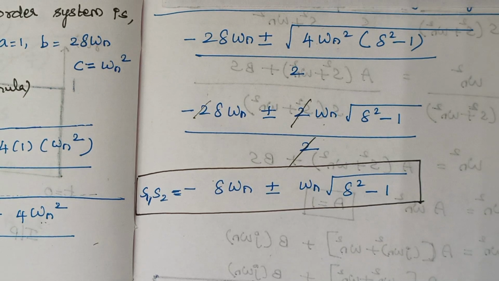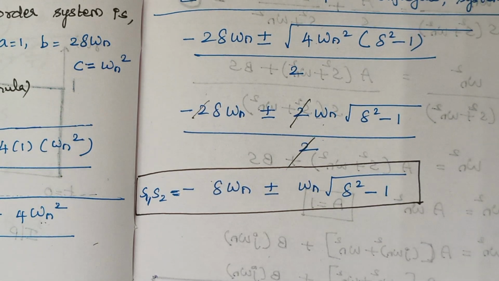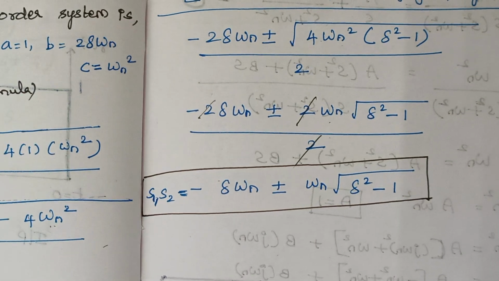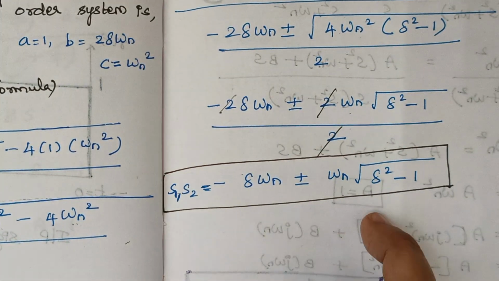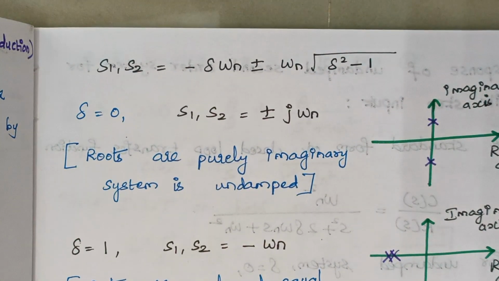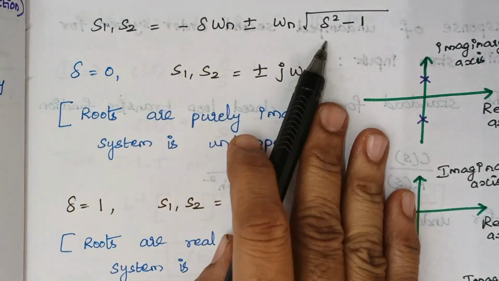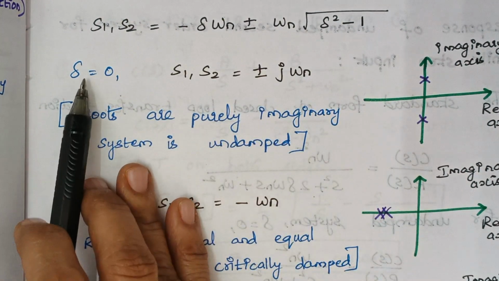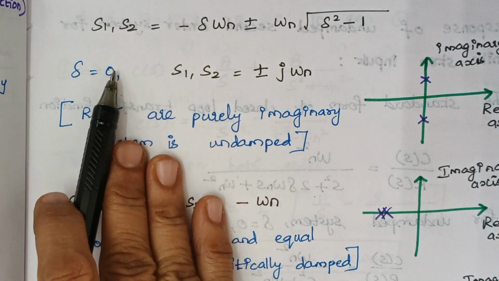And the next thing is we are going to classify. I'm going to explain for the 4 types of system how the values will be. Here this is the general expression for the roots. For the first type of system, the undamped system, the value of zeta is equal to 0.